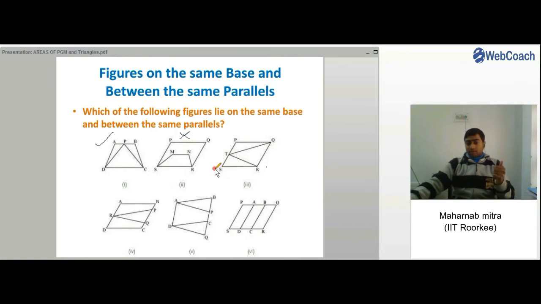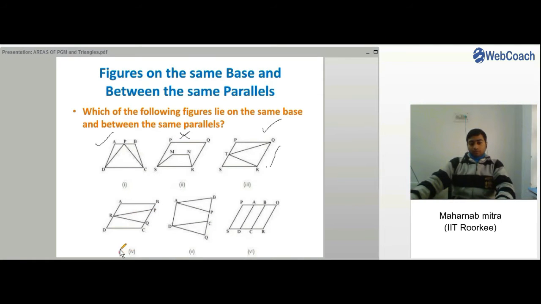So the triangle TQR and the parallelogram PQRS lie on the same base, which is QR, and between the same parallels, which is QR parallel to PS, right?